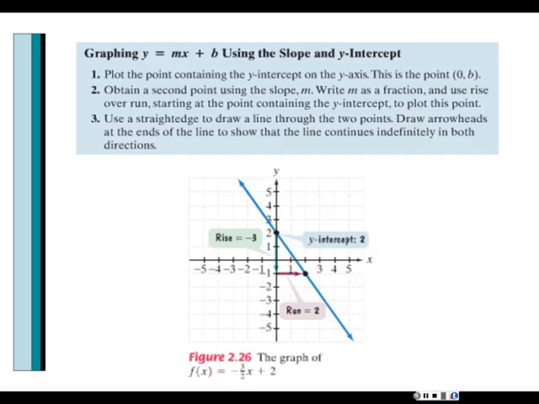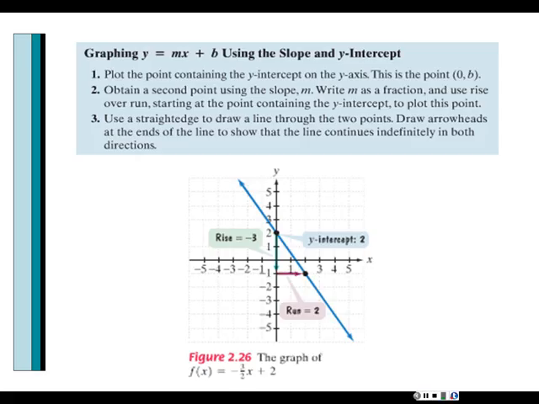And then I looked at the denominator, and since this is positive, I moved towards the right, 1, 2, 3 points. Now this is going to be another point for that line. Once you know that point, you already know 2 points of the line, and you can draw the line for sure.